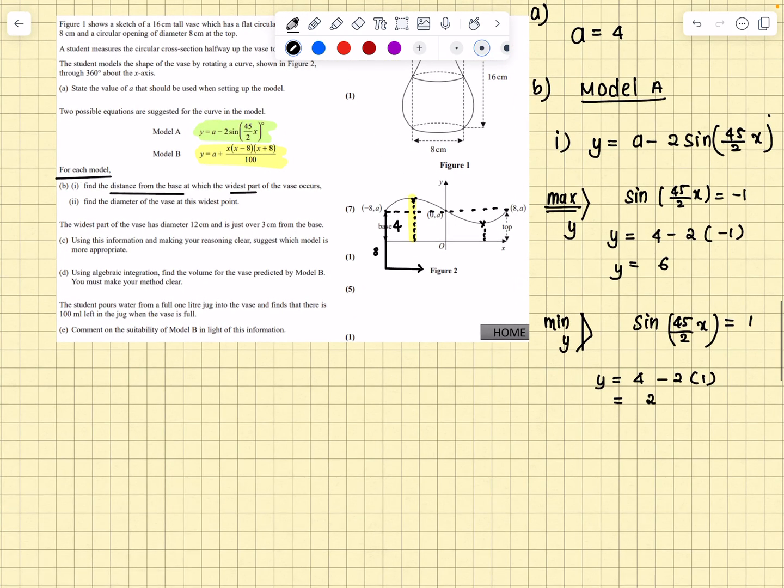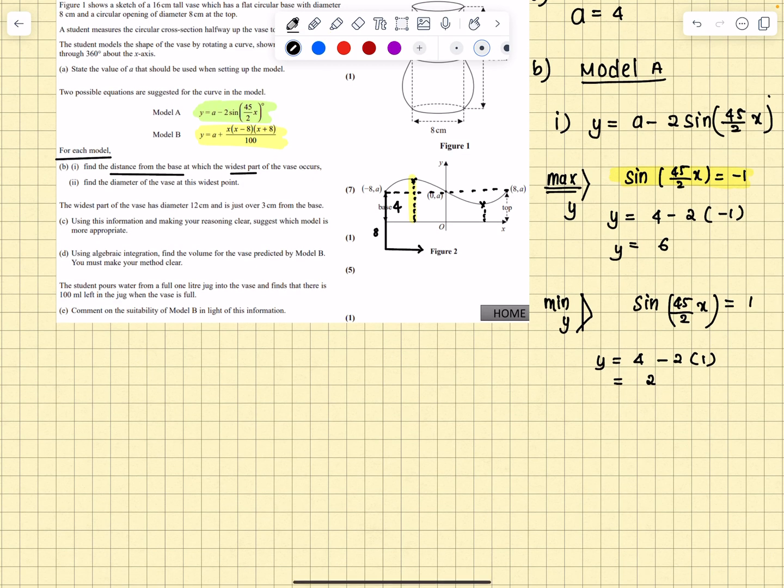But the question wasn't about the y part first. They're asking you about the distance, the x-axis. I know the maximum happened when it's minus 1, so I'm going to apply that and find the value of x. So sine of 45 over 2 x equals minus 1. So 45 over 2 x equals sine inverse of minus 1.